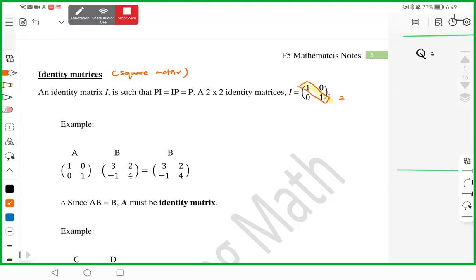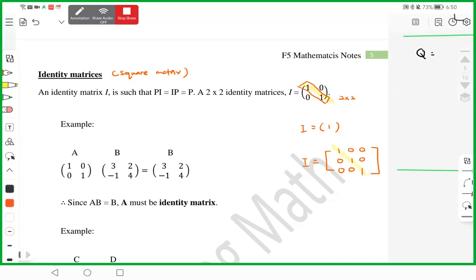So this is 2 times 2. If it's 1 times 1, the identity matrix is 1, only one number. If it's 3 times 3, the diagonal must be 1, and the other numbers are filled with 0. Like this, this is the 3 times 3 identity matrix.